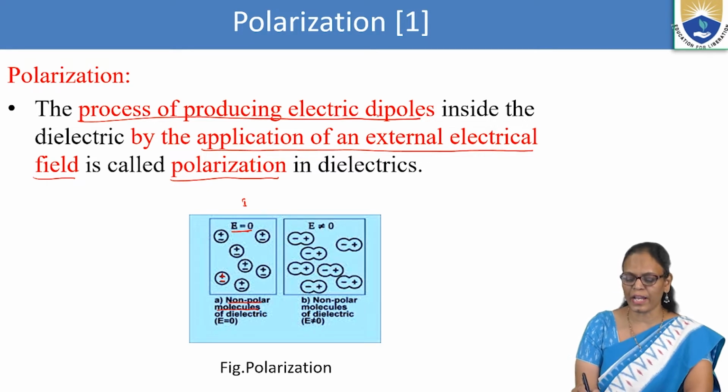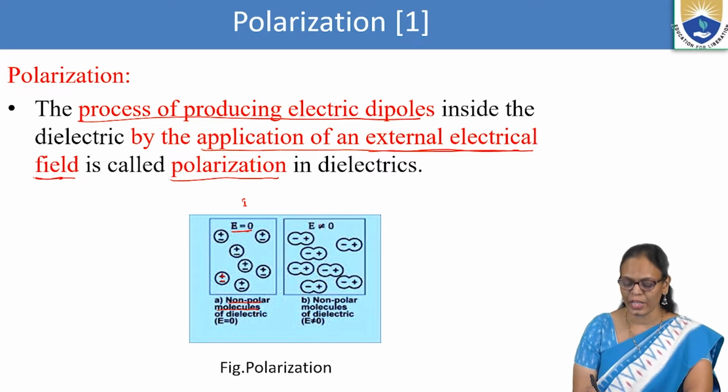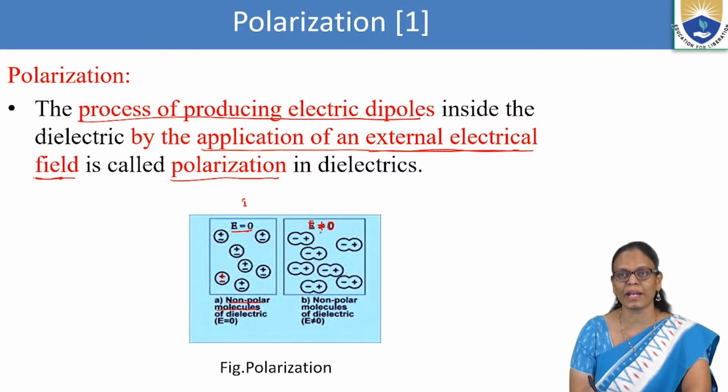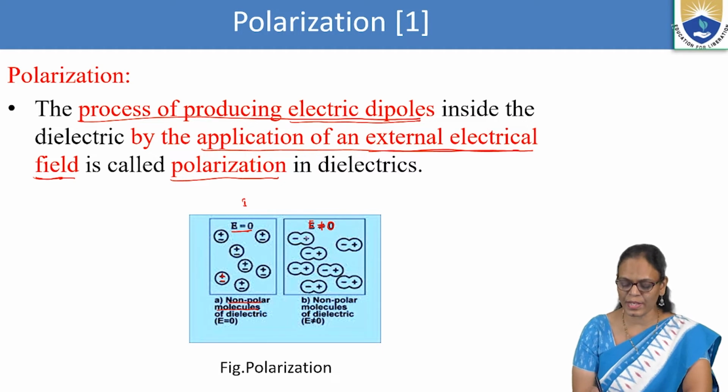When an external electric field is applied, as you see in the second diagram, E is not equal to 0, which means we have applied some electric field. Then electric dipoles are produced, and you can see the separation of the charges, plus and minus.